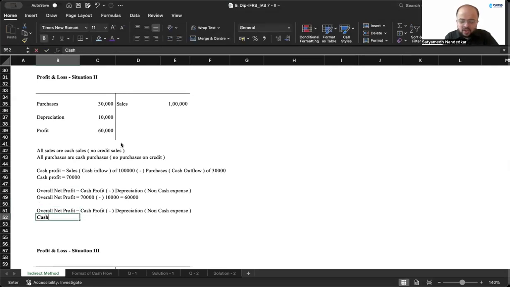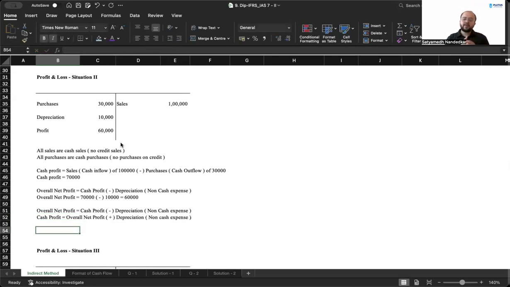So can I just rephrase this a little and say that cash profit is equal to overall net profit plus depreciation, that is non-cash expense.